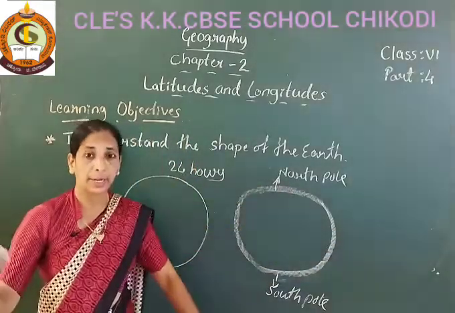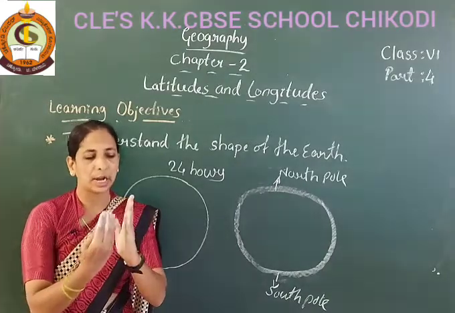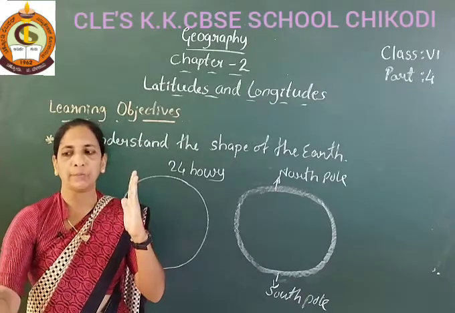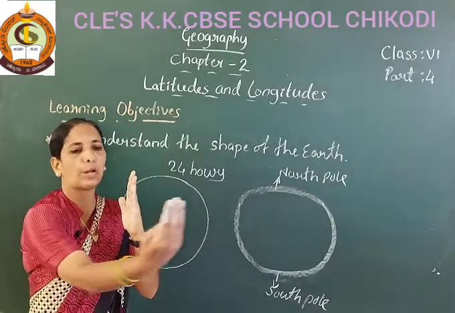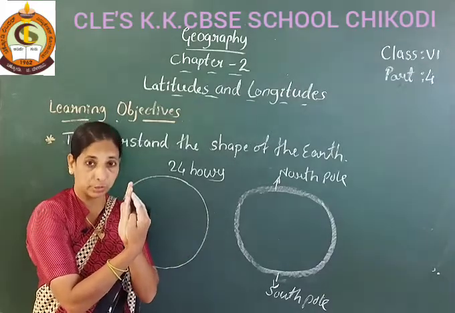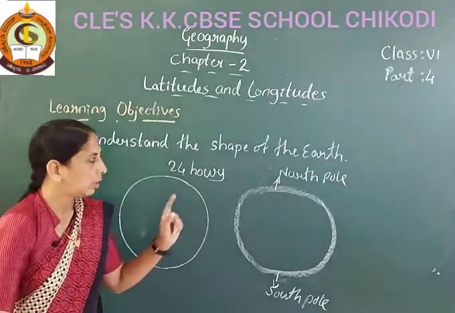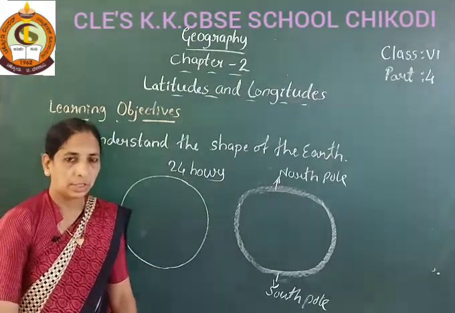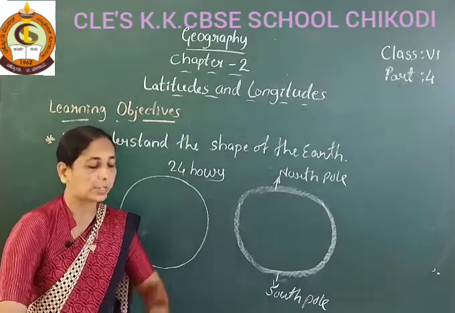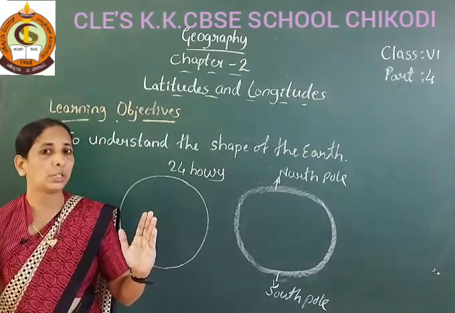When the earth rotates on its axis, here the earth rotation starts. When it rotates fully, one orbit is completed, taking 24 hours. And afterwards, the earth makes a revolution around the sun.